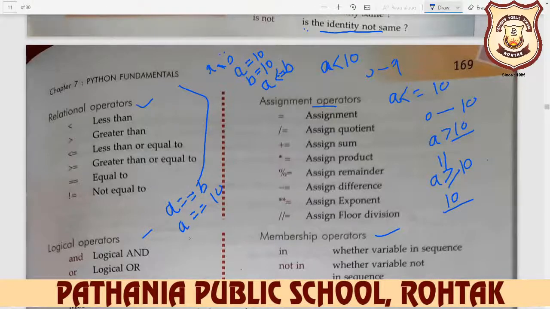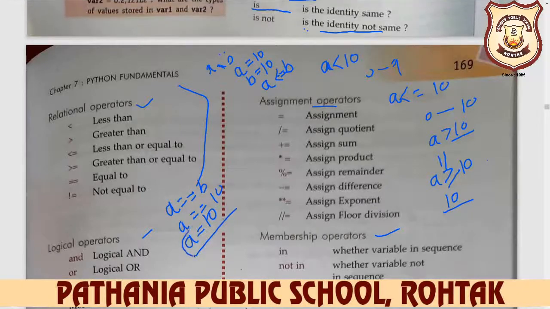But when you use a simple equal sign, this is your assignment operator. Here you assign the value 10 to A. So what is the difference between this assignment operator equal and this double equal? The assignment operator is used to assign the value, but this equal operator is used to compare the two operands.